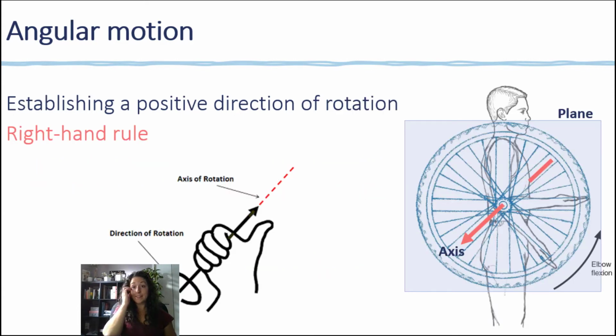So I said I'd explain this idea of positive and negative directions of rotation, so I should probably do that now. Clockwise and counterclockwise are common terms that we use to describe the direction of a rotation. Now, the problem with this convention is that it depends on your viewing point. Imagine that we're sitting across the table from each other, and we're both looking at the needles turning on a clock.